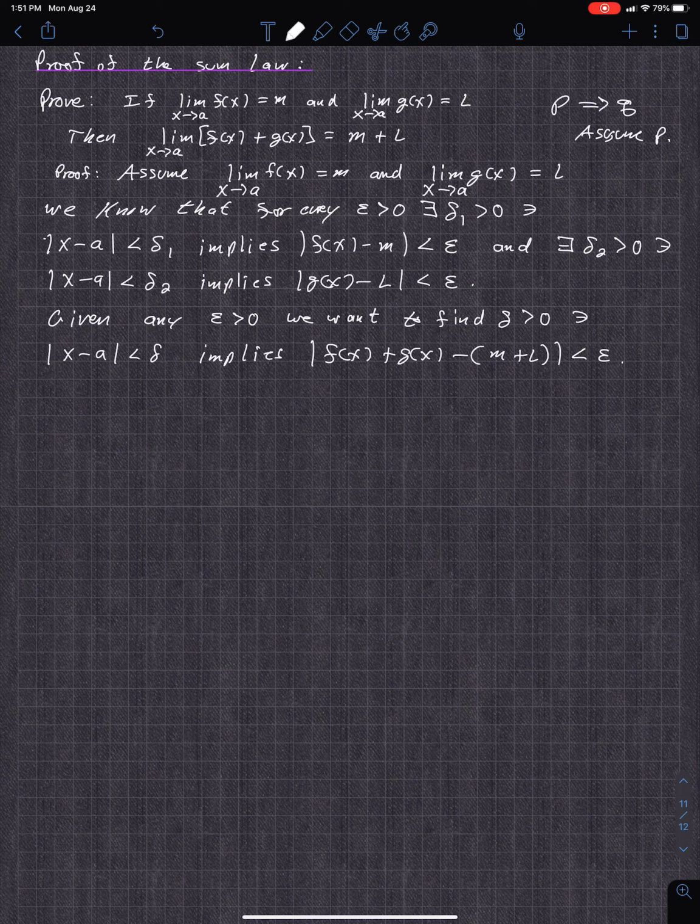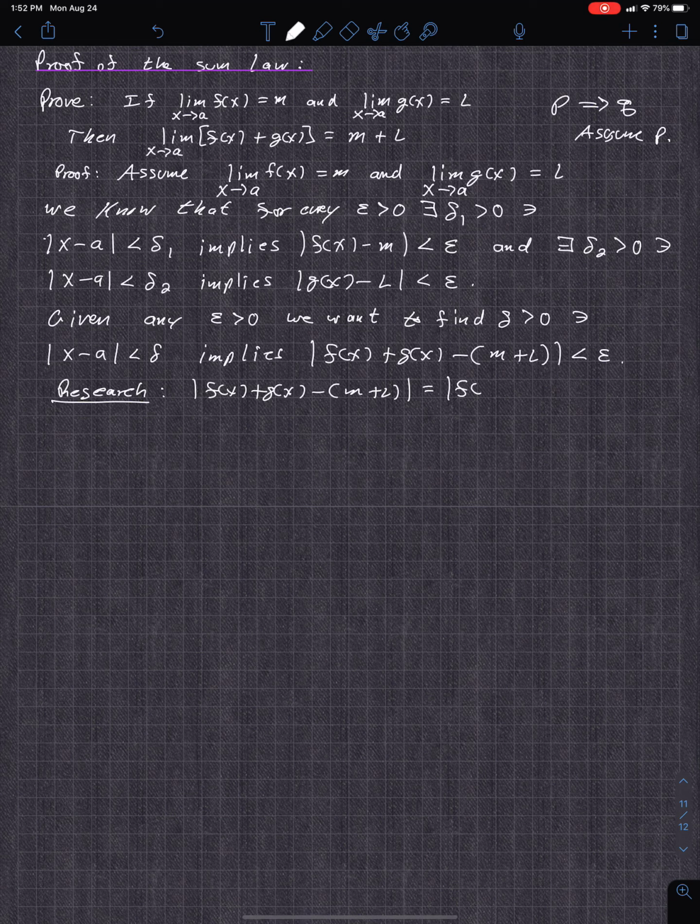Let's do some research first. So do some research. Okay, so in this research, we're going to look at absolute value of f of x plus g of x minus m plus L. And we can simplify that.